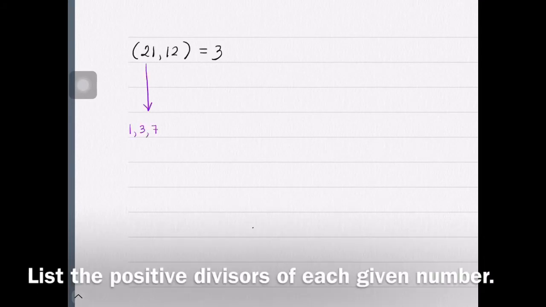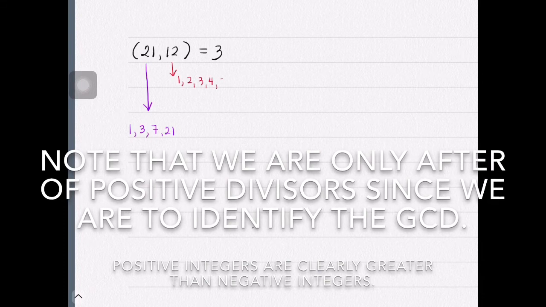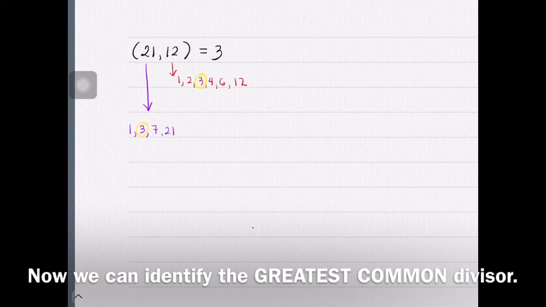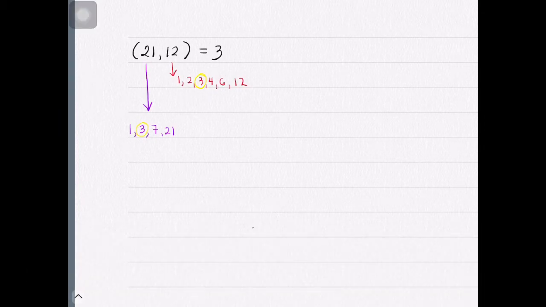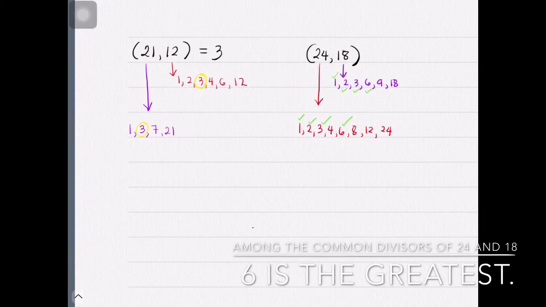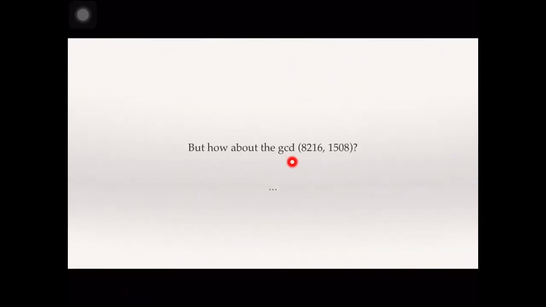And this is the process on how we get 3. And yes, how about if we have bigger numbers such as this?